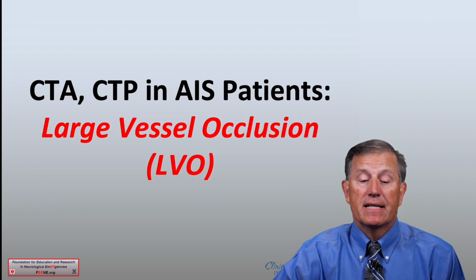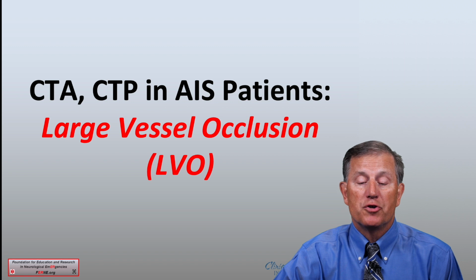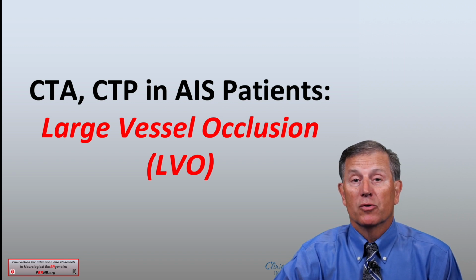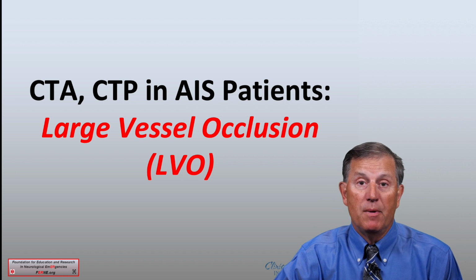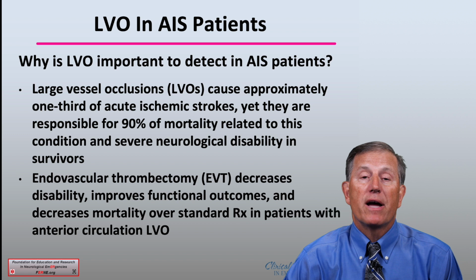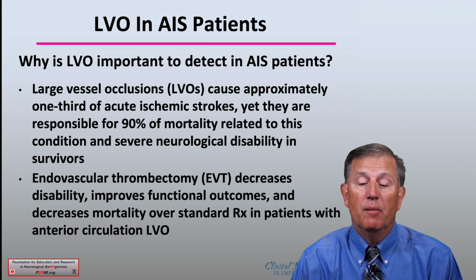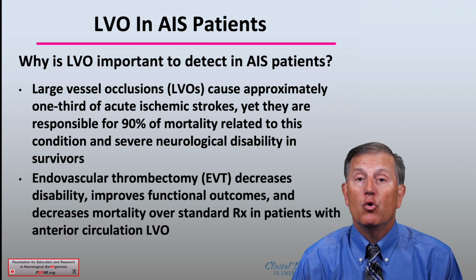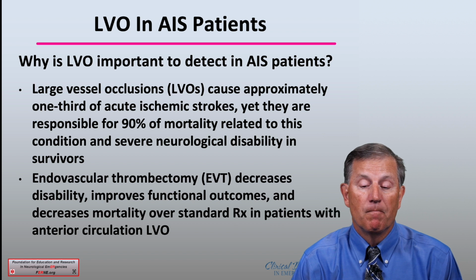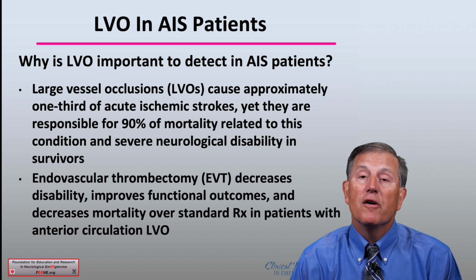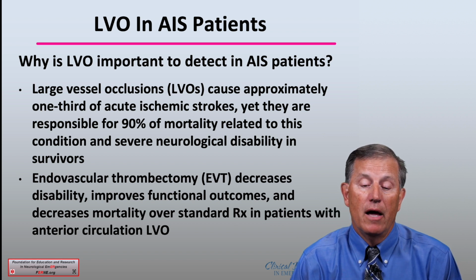It's now important to consider large vessel occlusion, or LVO, when considering CT multi-modal testing in acute ischemic stroke patients. Why is the presence of a large vessel occlusion important to detect in acute ischemic stroke patients? Large vessel occlusions, LVOs, cause approximately 1/3 of acute ischemic strokes.